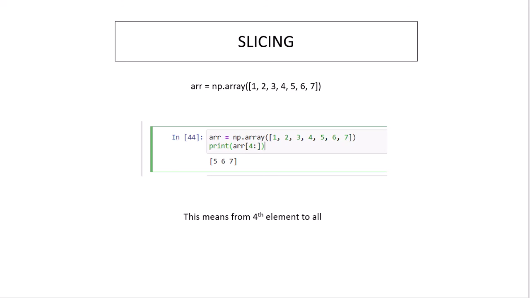So when I'm saying -1, I'm actually referring to 7. When I'm saying -2, I'm referring to 6. When I'm saying -3, it's 5. When I'm saying -4, it's 4. So when we write extract array from -4 to all, that means we are referring from 4 to 7. That means our result is going to be 4, 5, 6, 7.